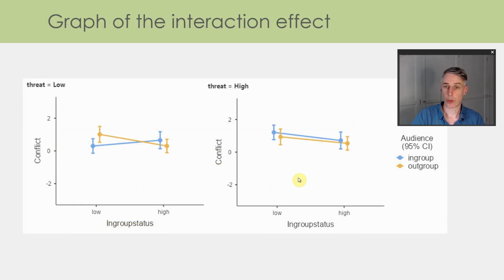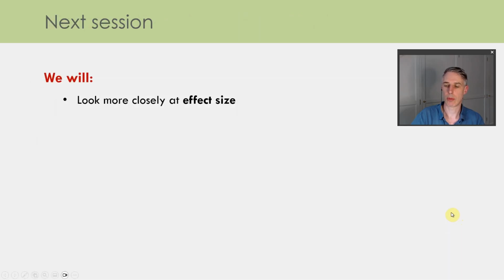Again, very useful to plot this, so we can see when threat is high, there isn't really an effect of status, but when threat is low, okay, the effect of status does appear to be significant in the out-group audience condition, but only when threat is low. So what can we conclude from that?